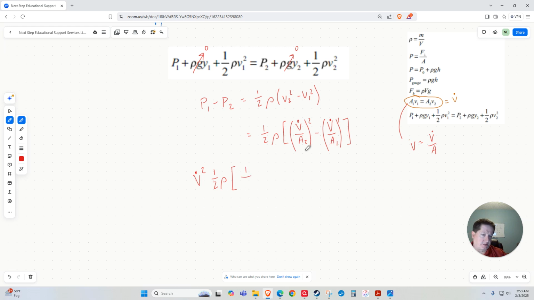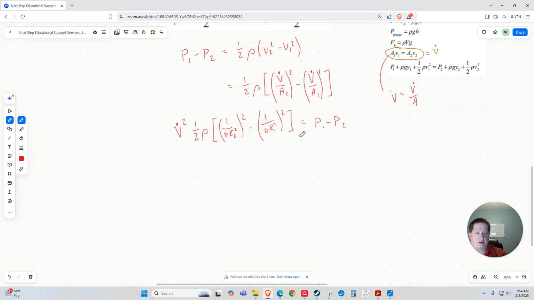Now you've got to be careful here because this is pi radius squared, and then we're going to square it again. Let's just do pi radius 2 squared minus 1 over pi radius 1 squared again. And that will all equal my difference in pressure between the two locations.